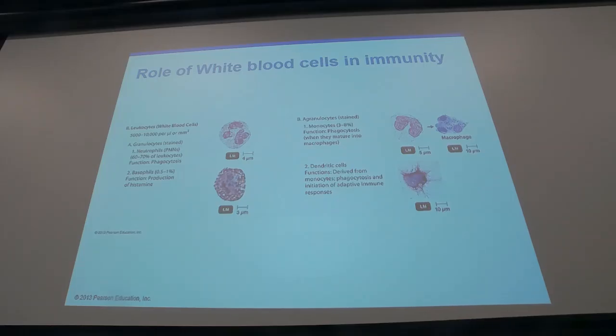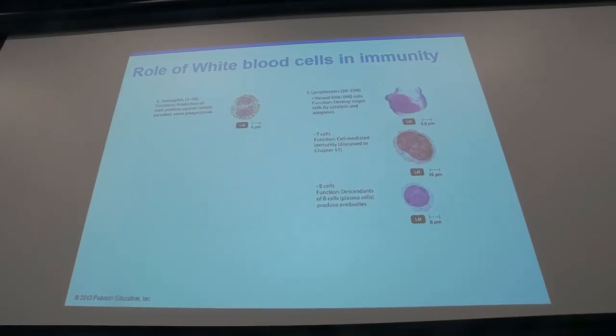The second most common one is going to be the lymphocytes. Lymphocytes make between 20 to 25%.